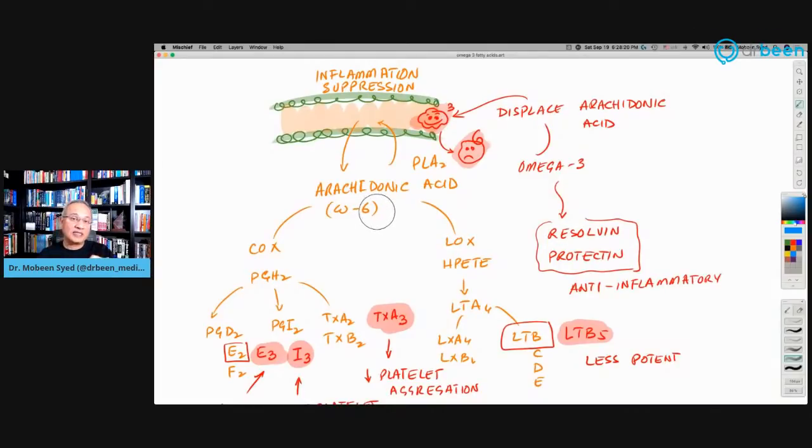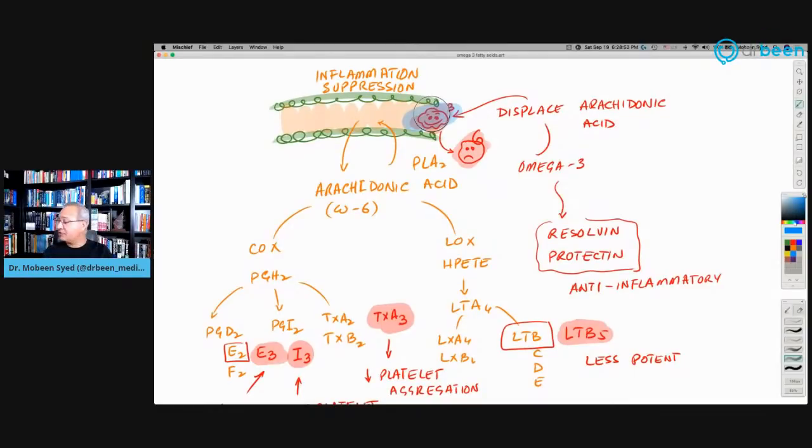It is an omega-6 fatty acid, a polyunsaturated fatty acid, with the double bond at the sixth carbon from the end. Omega-3, when present, will get into the cell membrane, displace the arachidonic acid, and take its place. So that causes a profound anti-inflammatory effect, or reduced inflammatory effect.